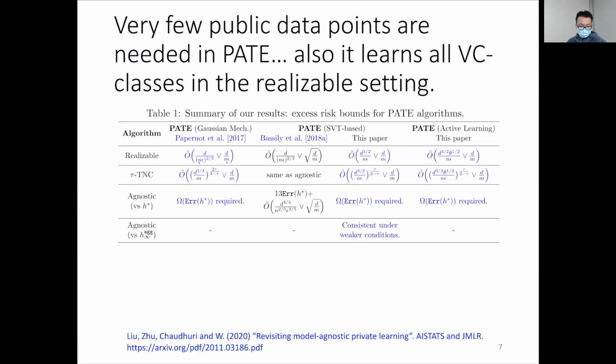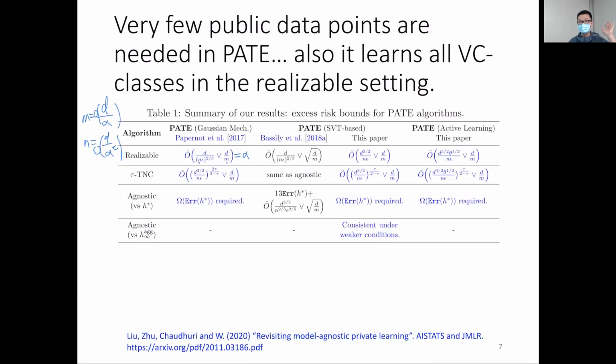It goes to 0 at a 1/m rate, which means that if we want to achieve alpha accuracy, it requires only D over alpha public data points, while it requires D over alpha to some power tau number of data points from the private data set, a substantially larger private data set than the public one.